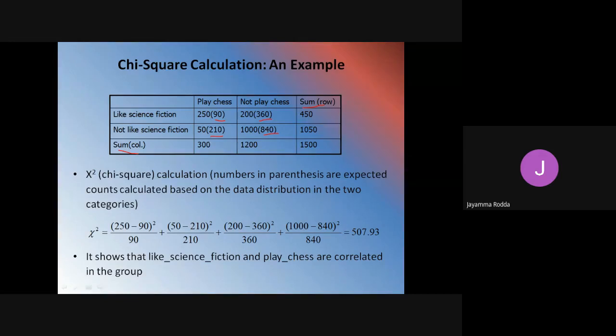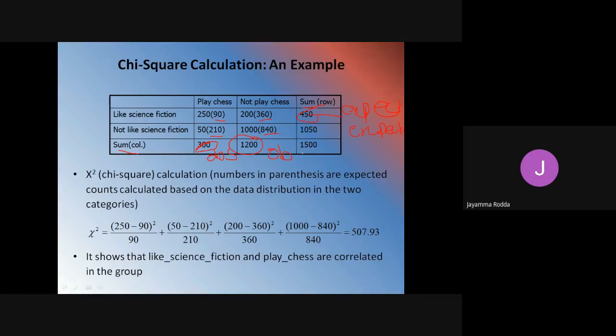This will give the observed value. 300 is the observed value, whereas this 1200 is the observed value of the corresponding values, whereas 450 is the expected value, and 1050 is also the expected value, and this is the sum of both. The sum of both is 1500.